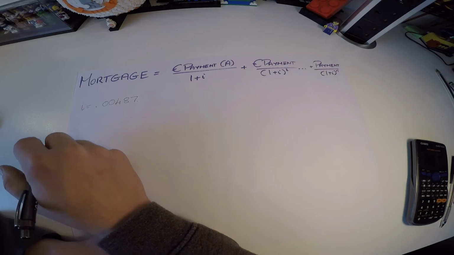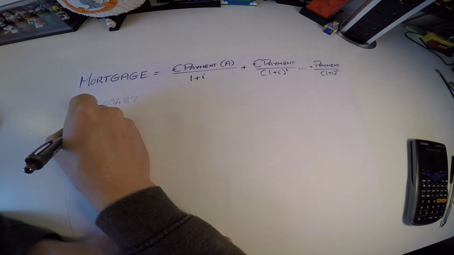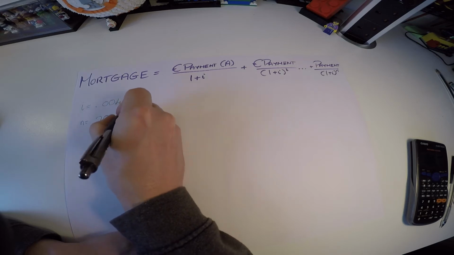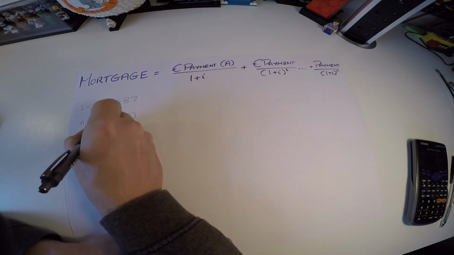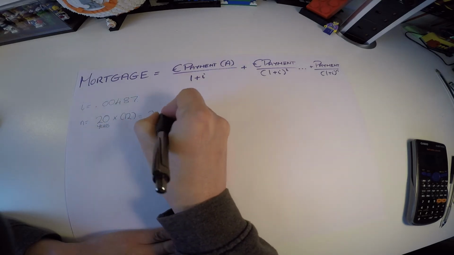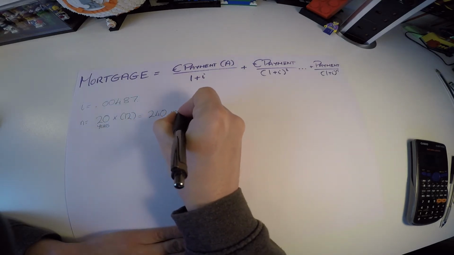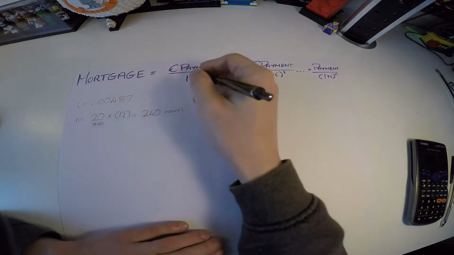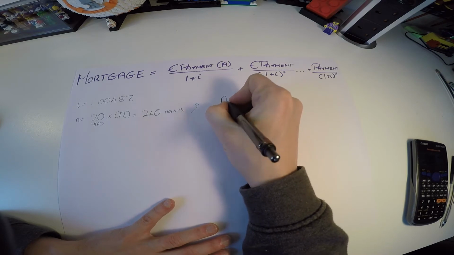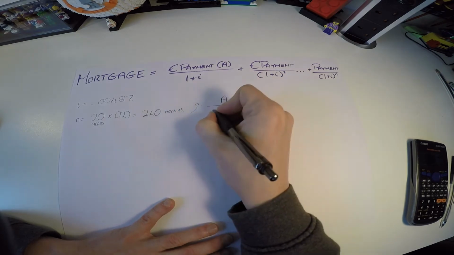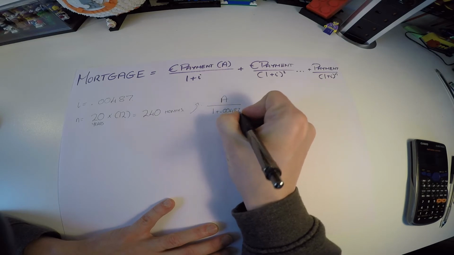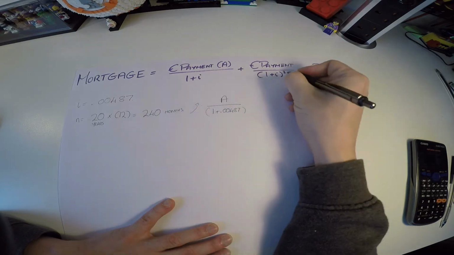We have to calculate how many years they're going to make this mortgage for. So N is going to be, it says 20 years, so 20 multiplied by 12, gives us a total amount of 240 months for repayments. So when we look at this, we can tell that each of these is going to be some payment A over 1 plus 0.00487, and then to different powers as we go along.